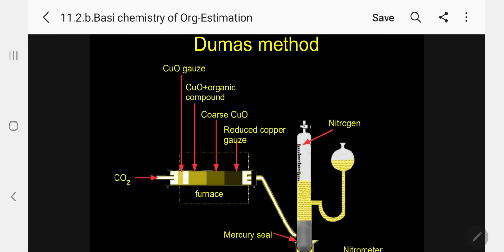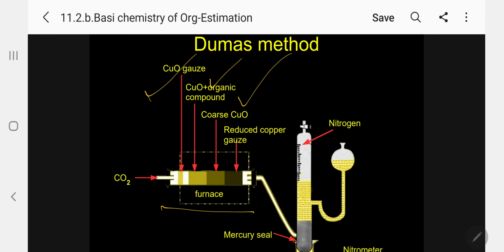Please follow this. In the Dumas method, this is the Liebig combustion tube placed on the furnace. We are taking the organic compound plus copper oxide in the platinum boat, with reduced copper gauze on both sides, kindly follow, and the side tube is connected to a Gibbs nitrometer, where a mercury seal is there.